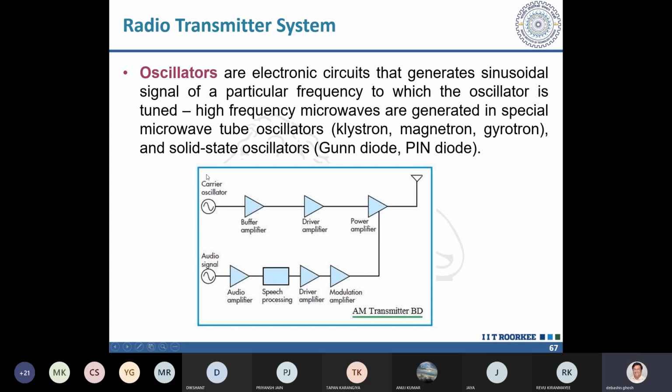Here, this is the local oscillator, which is generating this carrier signal, AC cos 2 pi FCT, and this FC is very high.